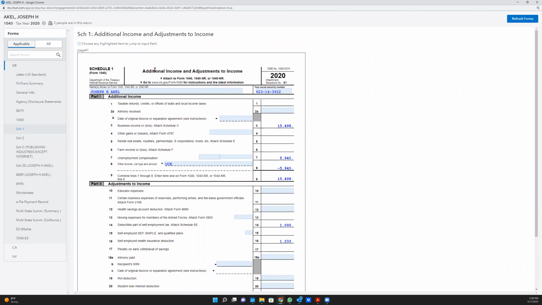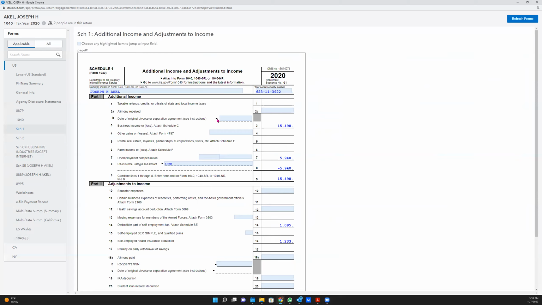Schedule 1 is additional income and adjustments to income, okay? Schedule 1 can contain a lot of different income and a lot of different adjustments to income. So what's important is that probably 95%, if not more, of the tax returns that we prepare will contain Schedule 1, okay?